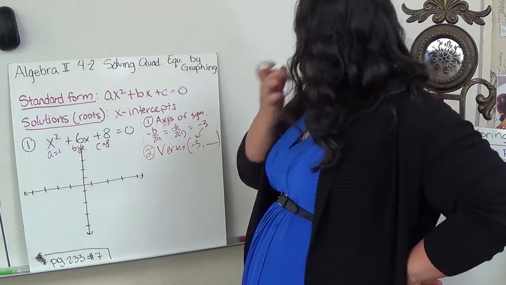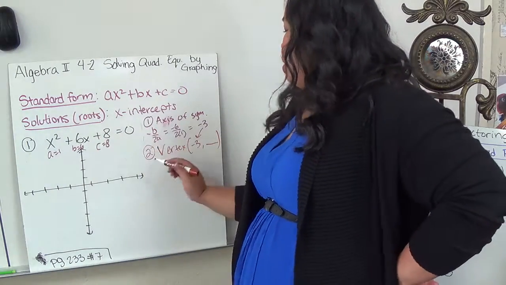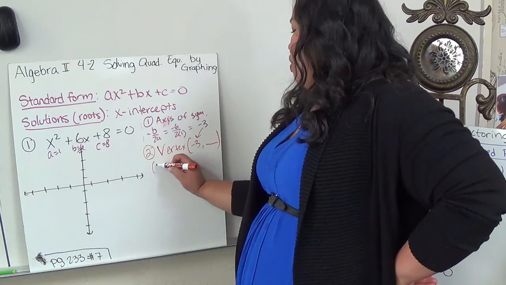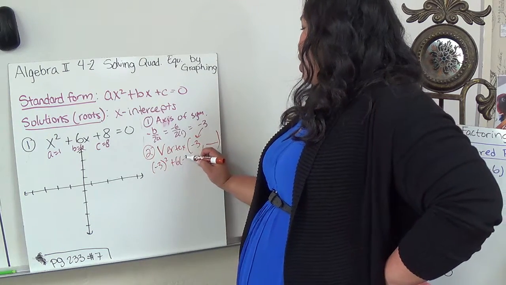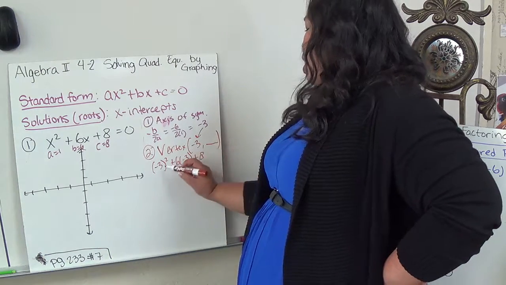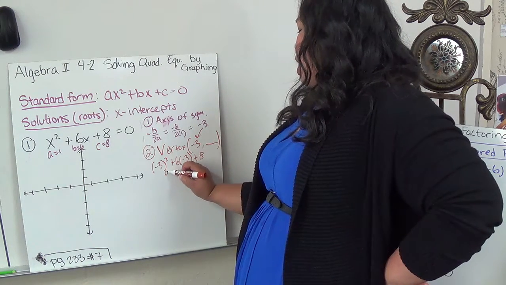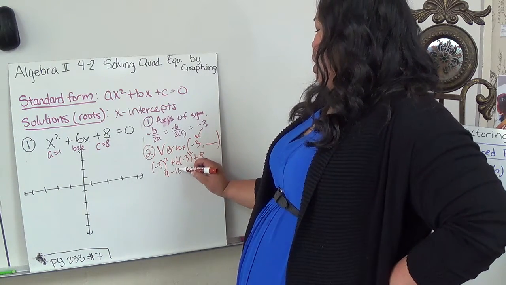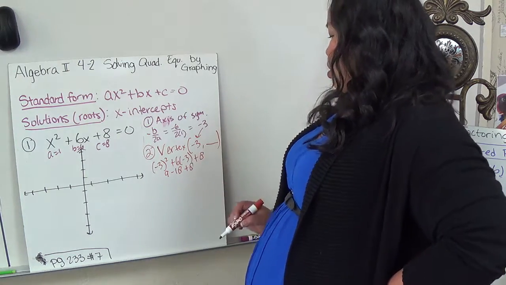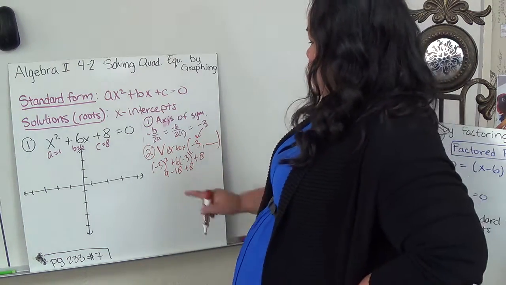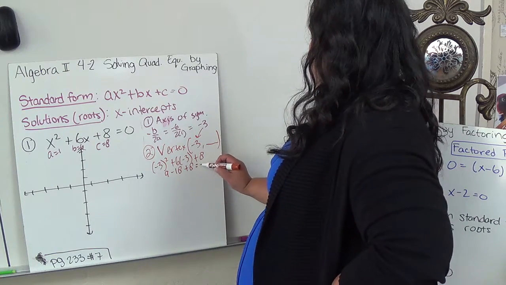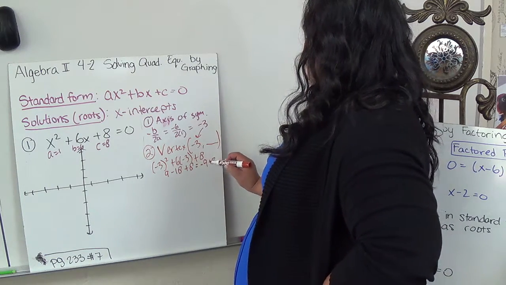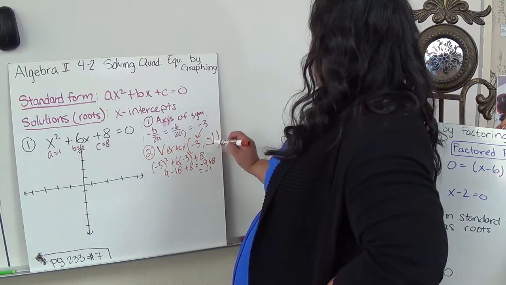So negative 3 into the equation. We have negative 3 squared plus 6 times negative 3 plus 8. Negative 3 squared is 9 minus 18 plus 8. 9 minus 18 is the same thing as negative 9 plus 8, which would give us negative 1.